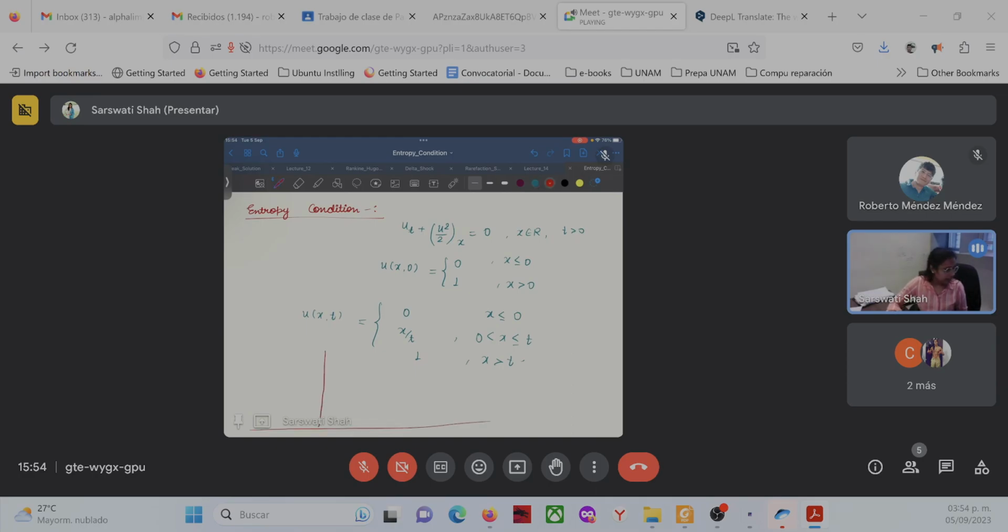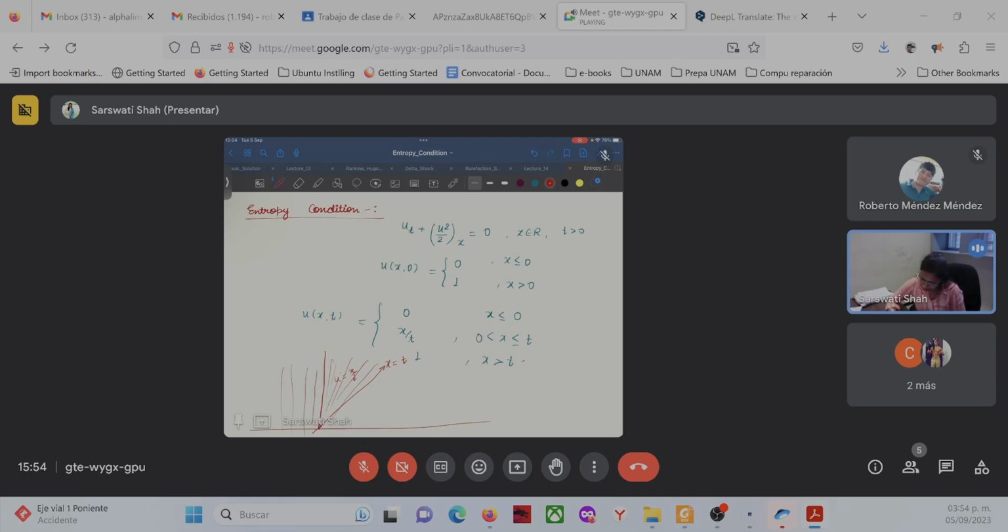Because this was an expansion wave. So this was the line x equals t that passed through the origin, and the curve u equals x by t, and this was 0.